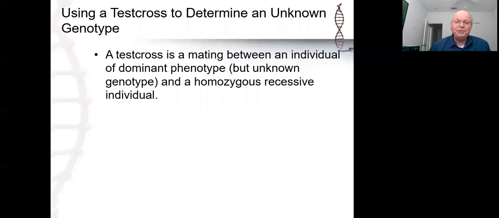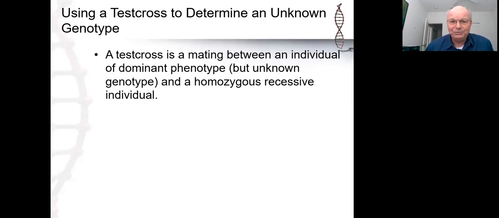The problem is, as we have seen, if you have an individual who shows the dominant phenotype, you don't really know what their genotype is. They could be homozygous for it, but they could be just as easily heterozygous. In fact, the only phenotype that you ever truly know with absolute certainty what its genotype is, just by looking, are the individuals who show the recessive trait, because they have to be homozygous for it.